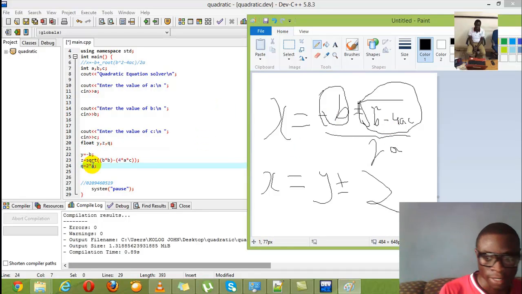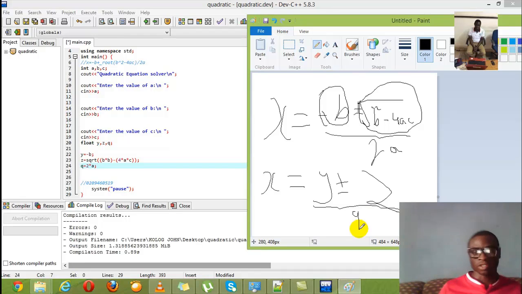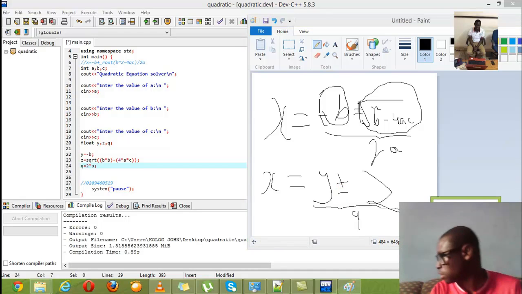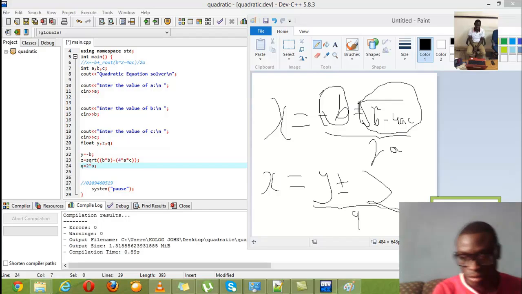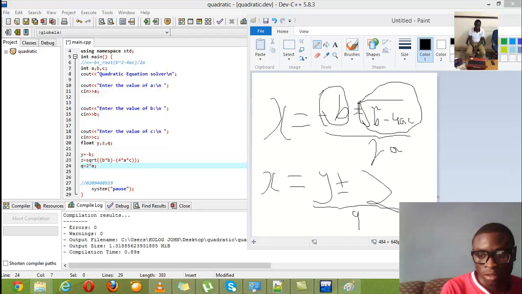Is that okay? Now all this over q, this is the new formula we've derived from it.